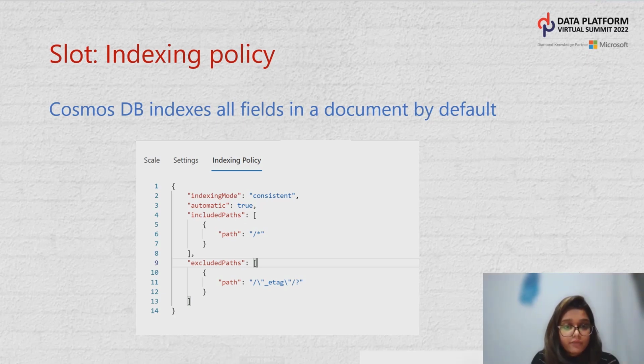So this is what a default indexing policy looks like. In the included path, we defined path as /star, which means all the fields are going to be indexed. And in excluded path, we define whatever fields we need to exclude. By default, e-tag is a system property of Cosmos DB, which is not indexed.